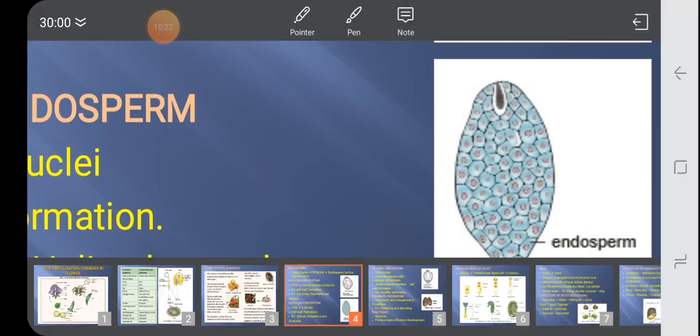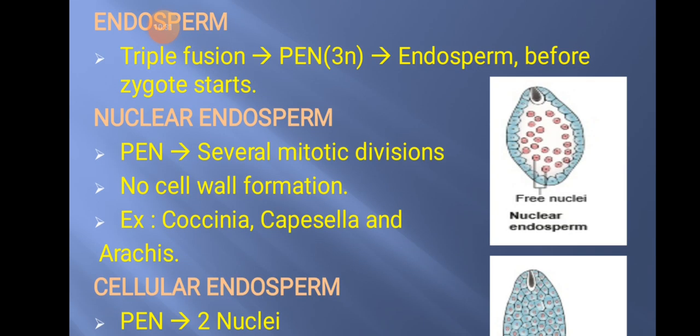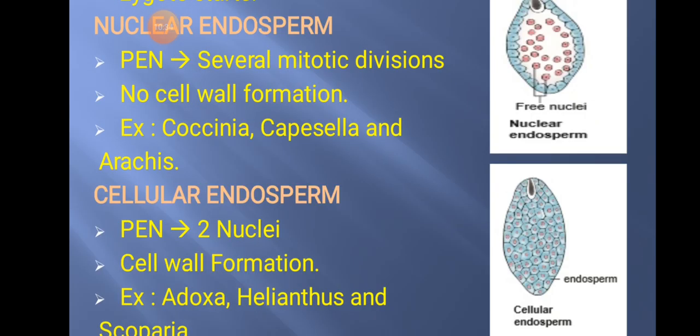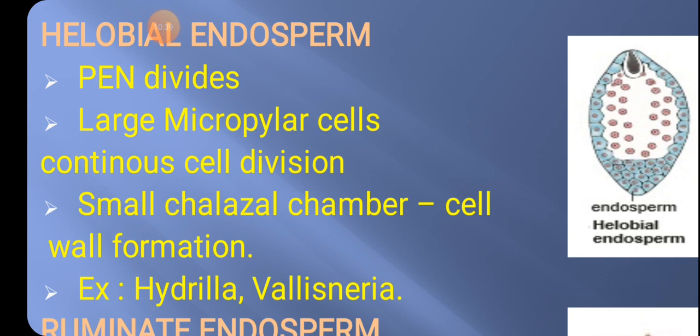Then the next one, helobial endosperm. See the diagram, helobial endosperm. Here the primary endosperm nucleus divides as usual, and nearer to the micropylar region the cells continuously undergo mitotic cell division and many free nuclei are present, while nearer to the chalazal end the nuclei form cell walls, so complete cells are formed near the chalazal end.